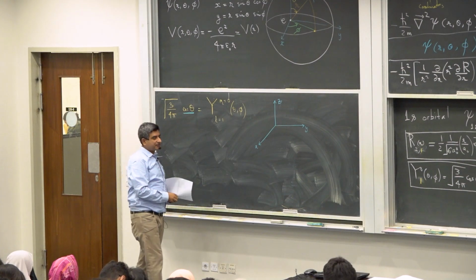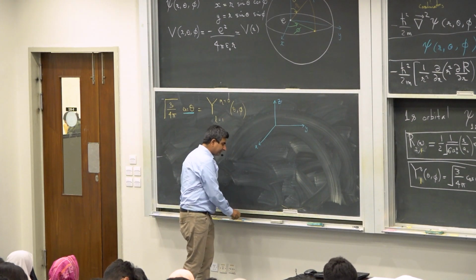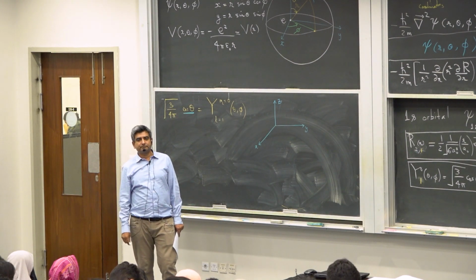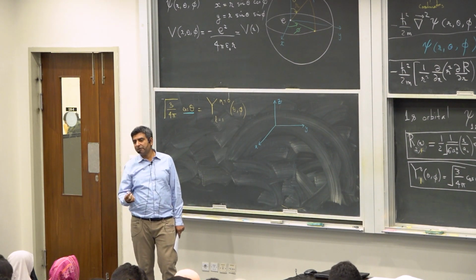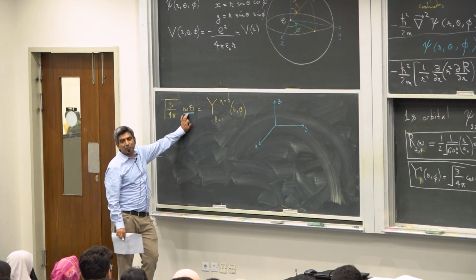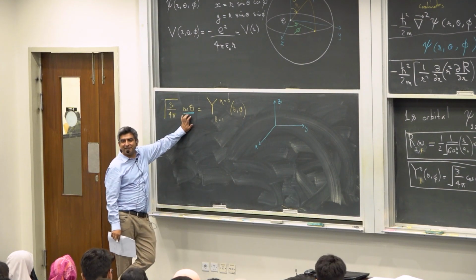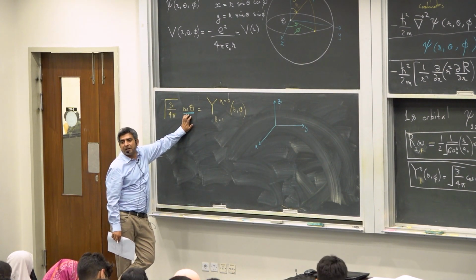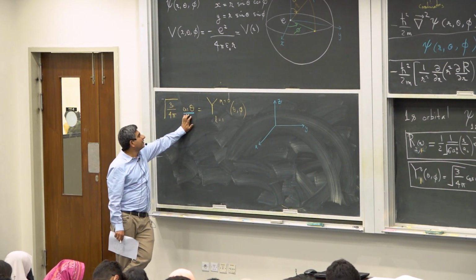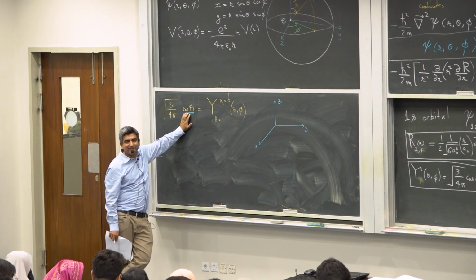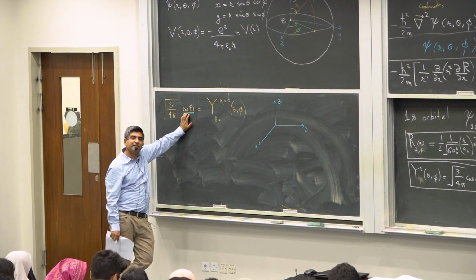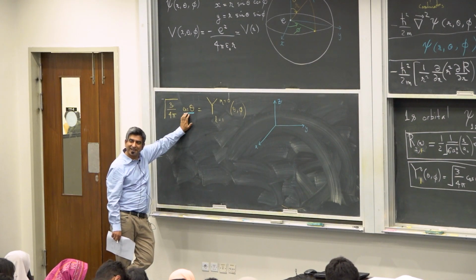So where does this have its maximum value? At what theta does this spherical harmonic have its maximum? At theta equals 0, this is equal to 1. At theta equals 90 degrees, this equals 0. What about theta equals 180 degrees? Minus 1. For theta between 0 and 90, this is positive. For theta between 90 and 180 degrees, this is negative.